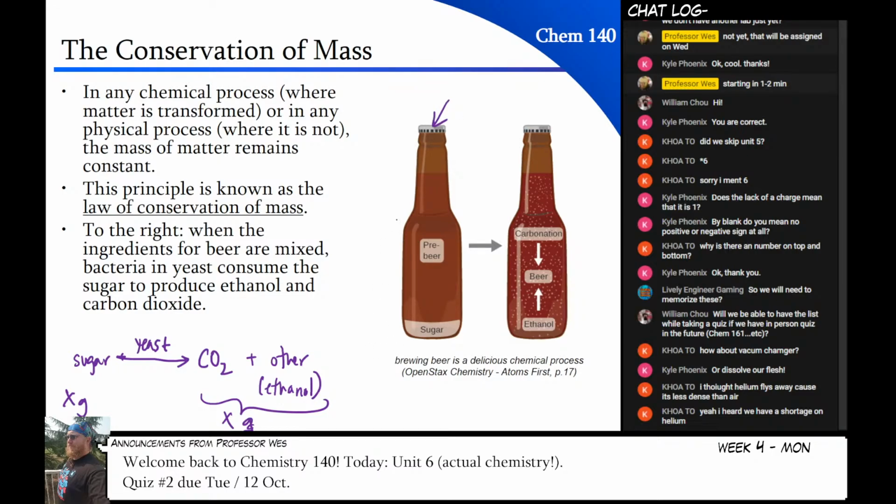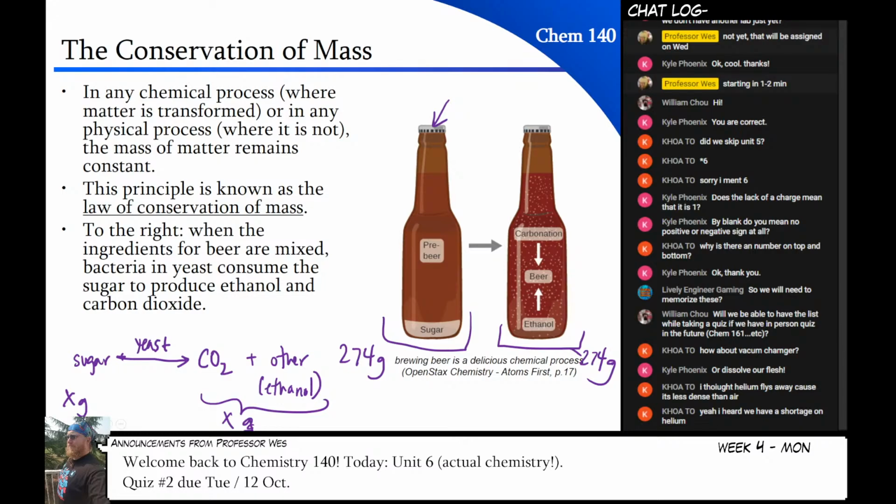If I were to weigh this entire bottle here, we'll just say it weighs 274 grams. Before and after fermentation occurs, fermentation is the process by which beer is produced, I would find that afterward, the mass would be identical.